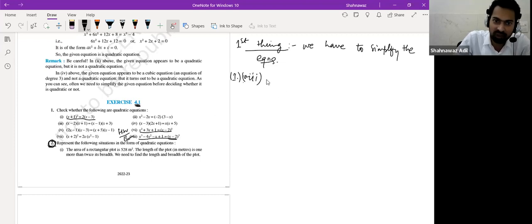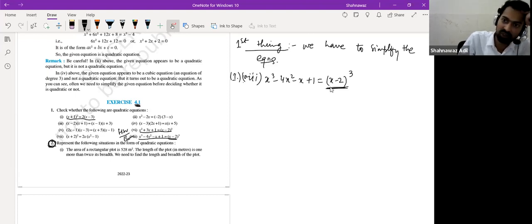Yes. So this eighth question, Hamad, right? So you can see that we have to use another identity, right? So what is that identity? Can you guess what is that identity?